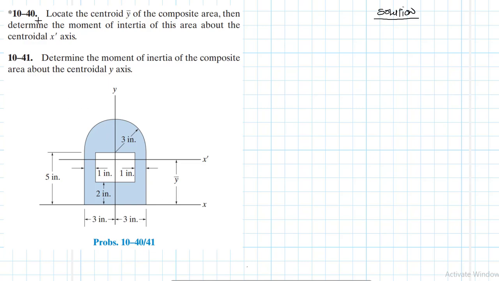To start with, let's define the shapes that we have quickly. So for me, I'm going to define three shapes. I have a semicircle, which is this one here. And then I have this rectangle.